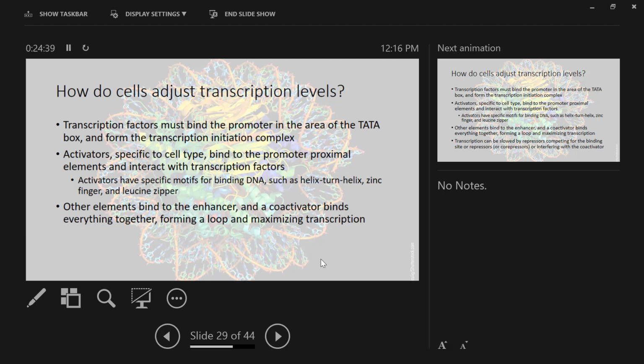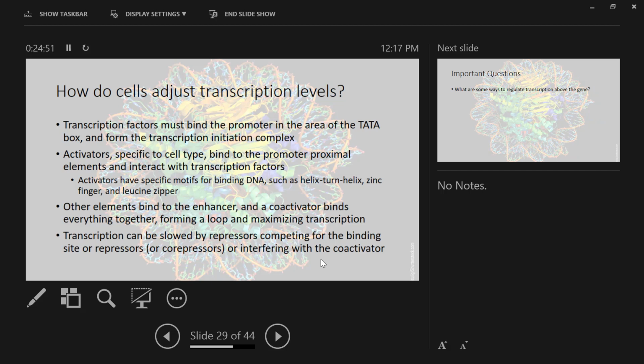The faster transcription happens, the more product you make, and the better the cell responds to some particular signal. Now, there are repressors in eukaryotic cells just like there are in prokaryotic cells.